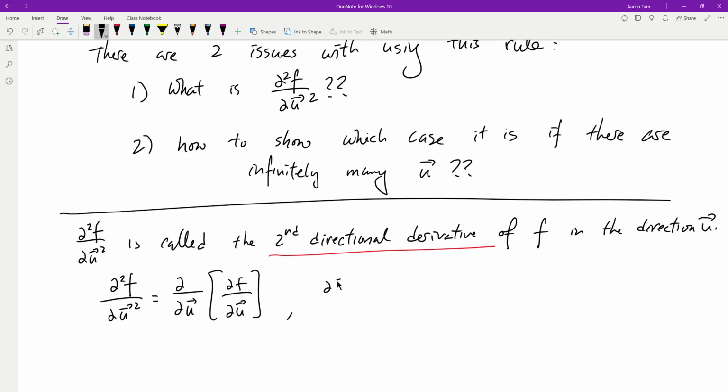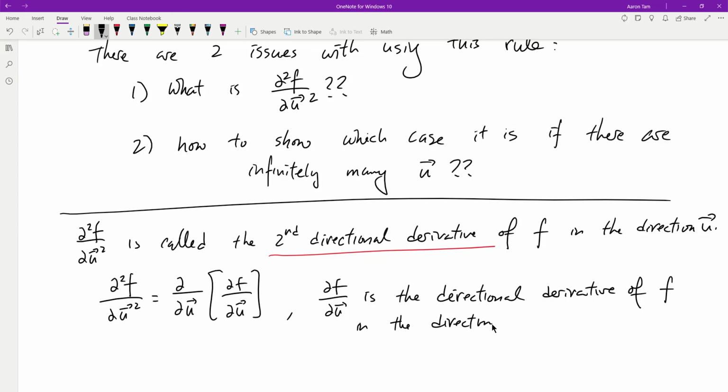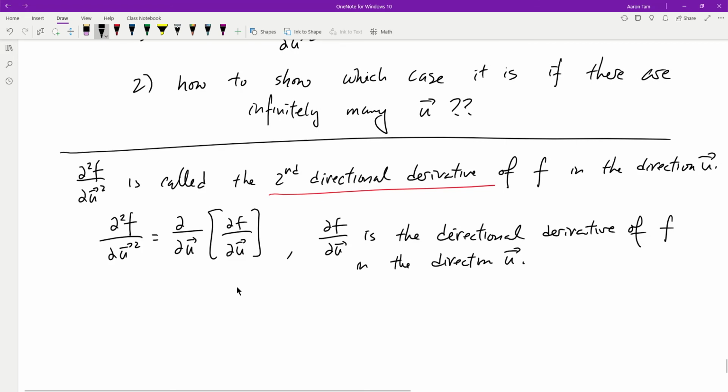In this scenario, df over d vector u is basically the directional derivative of f in the direction of u. So basically, you're taking the directional derivative in the direction of u twice.